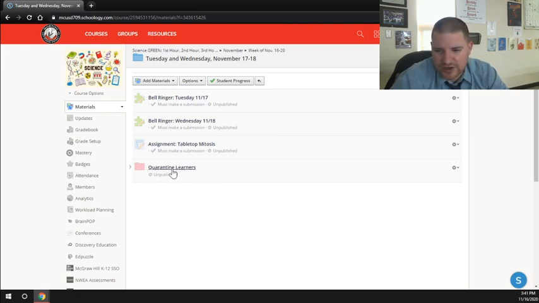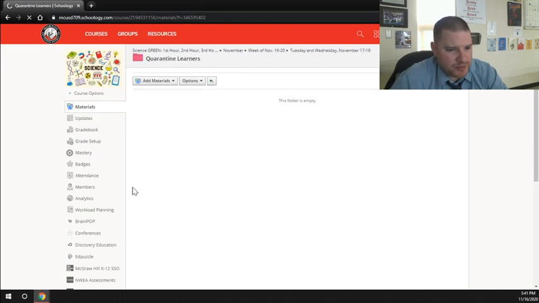It says Quarantine Learners. Inside this folder tomorrow, I am going to put a picture of someone's model that did interphase, that did prophase, that did metaphase, that did anaphase, that did telophase. You are going to use that as your picture, and you're going to have to tell me what they used to represent what on there.